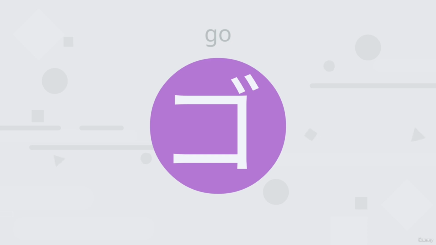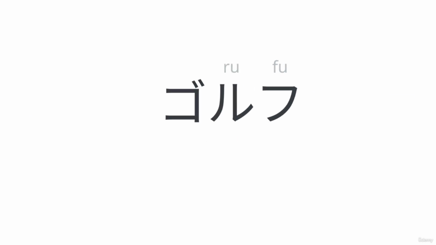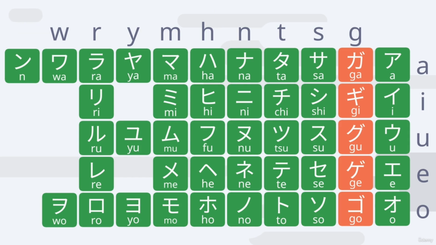Goggles. Golf. We learned the characters ga, gi, gu, ge, go.